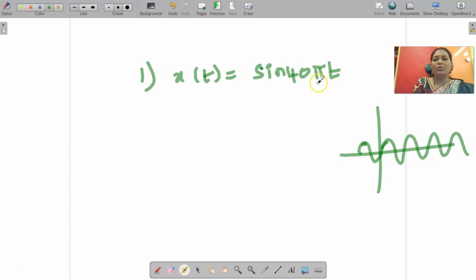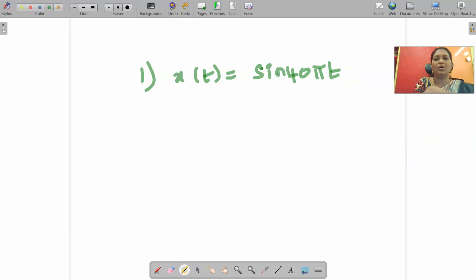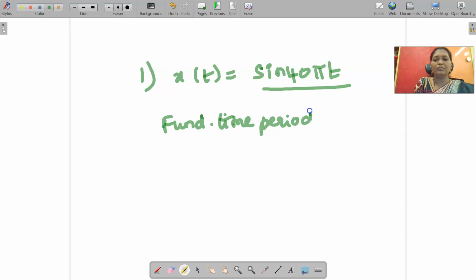So how to find out whether this signal is periodic or not? First, we have to find the fundamental time period. What is the formula? Capital T is equal to 2 pi by omega.